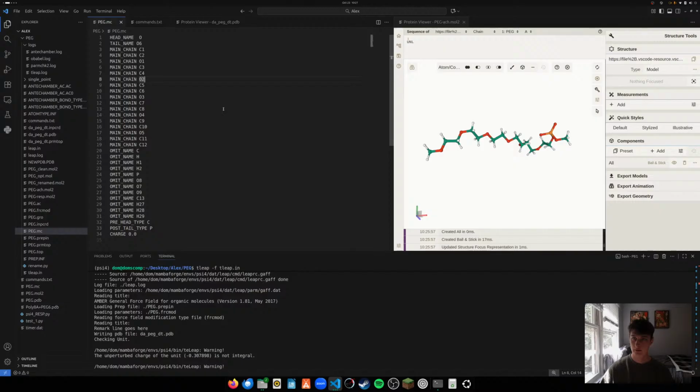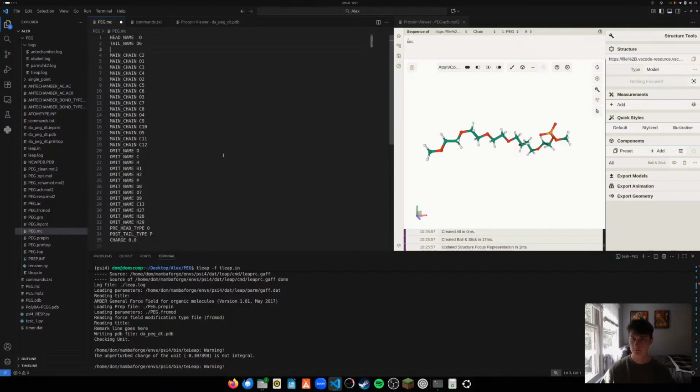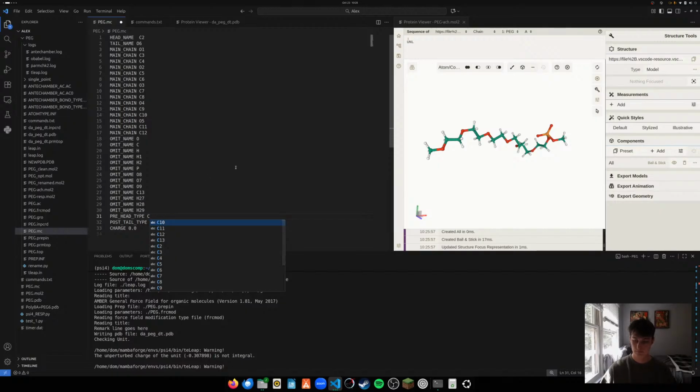So how about we go, instead of back 1, we go forward 1. So instead of the head being C1, it'll be C2. We'll delete that. And then the pre-head type will be C. And then we'll omit C1 also.